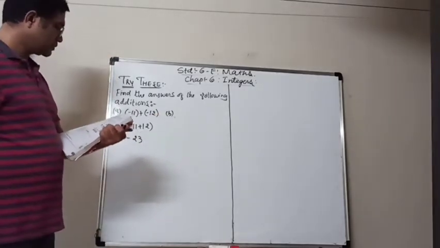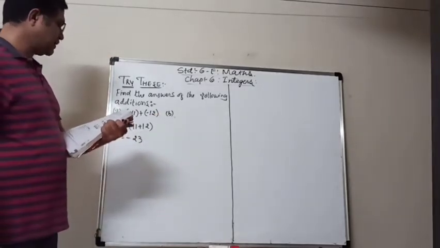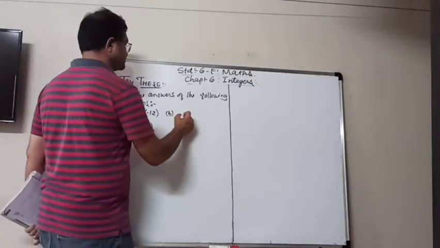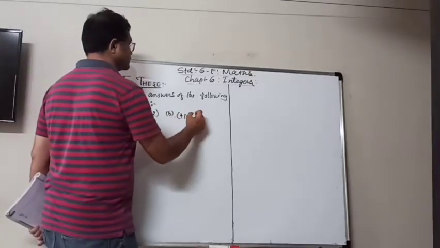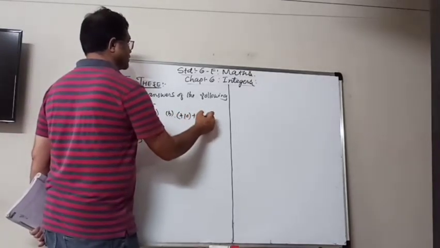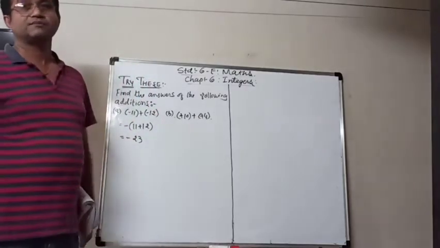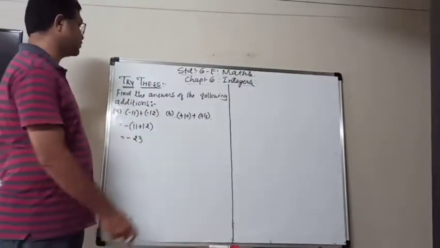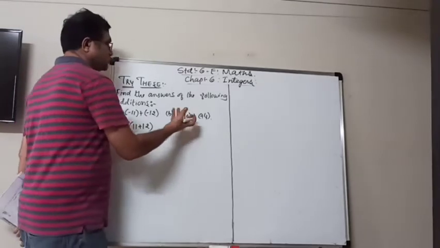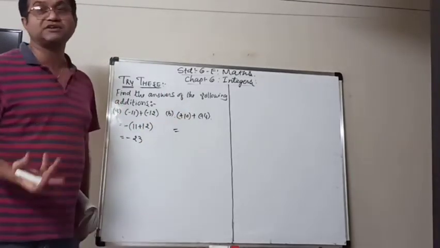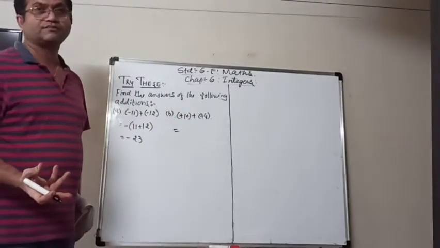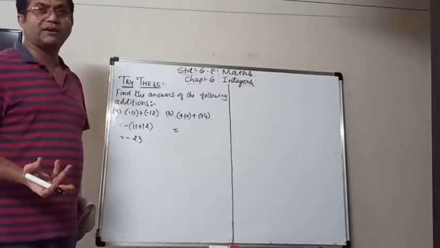Second one, plus 10 plus 4. When there is plus, both the integers are positive, there is no problem.